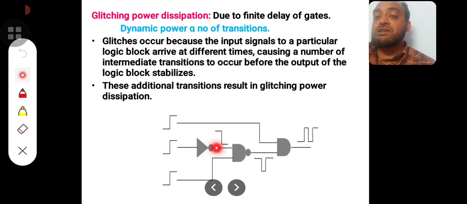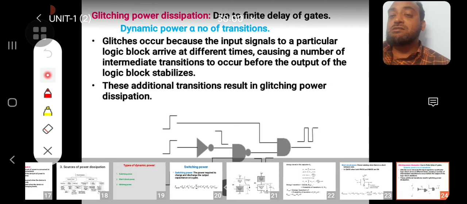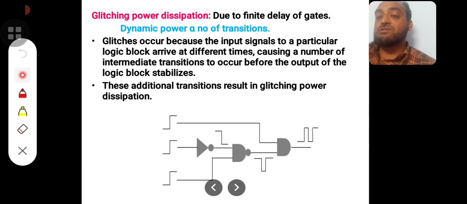One is a NOT gate, another one is a NAND gate. Because of this NOT gate, the input transition from 0 to 1 becomes 1 to 0 here. That transition should be manipulated with the other input which is coming to the NAND gate.